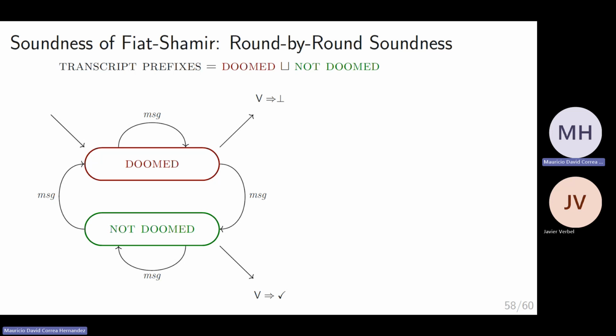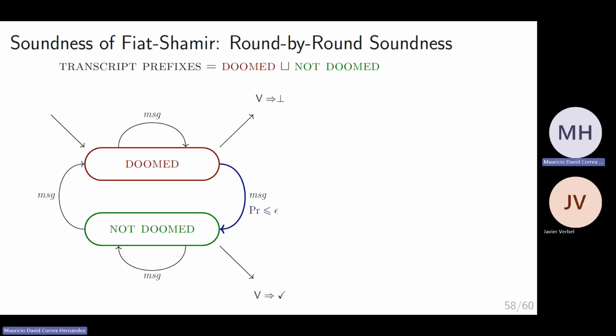If you've consumed the last message from your transcript and you're in the doomed state, then you must reject. And if you've consumed the last message from your transcript and you're in the not doomed state, you must accept. And so you're going to fit the interactive protocol to this diagram, and you're going to analyze the probability of traversing the arrow from the doomed to the not doomed state.